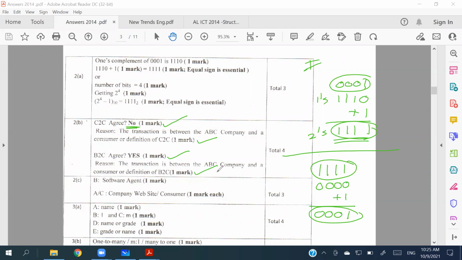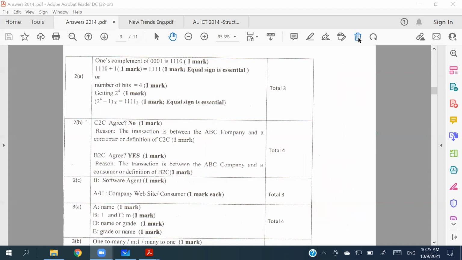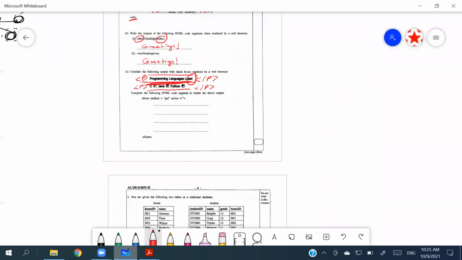The following diagram depicts the interaction among the consumer, company website and the software agent. Draw the lines and connect the rows in the following 2 tables to represent the above scenario, right? So they are having 3 ovals like this.